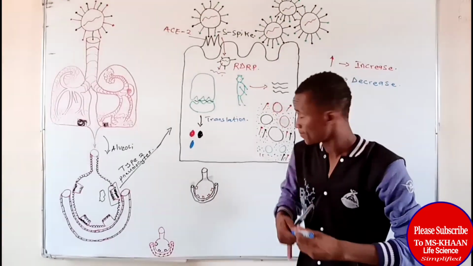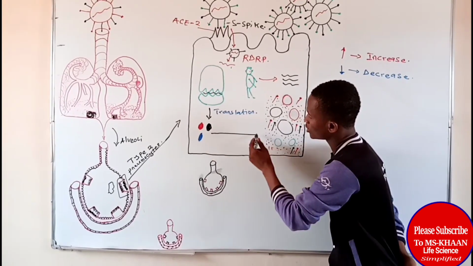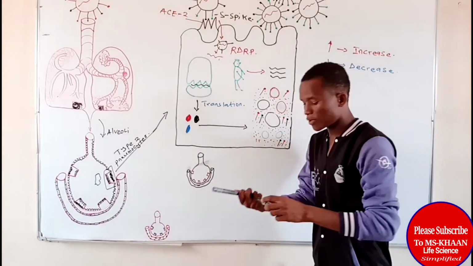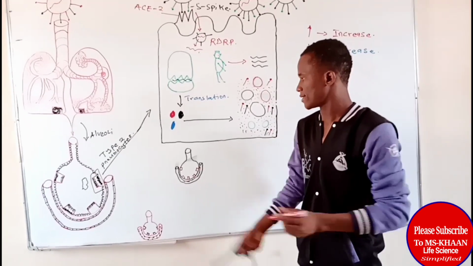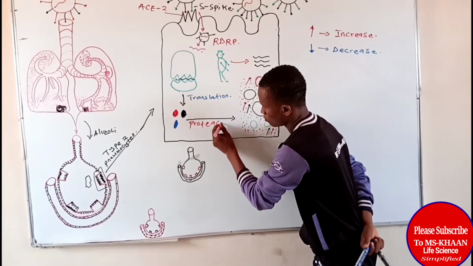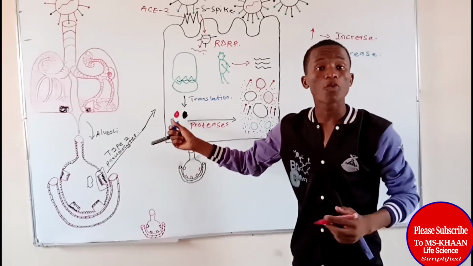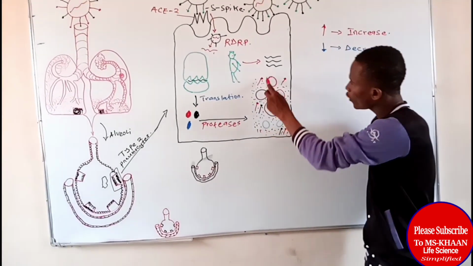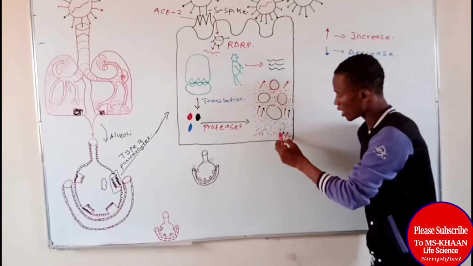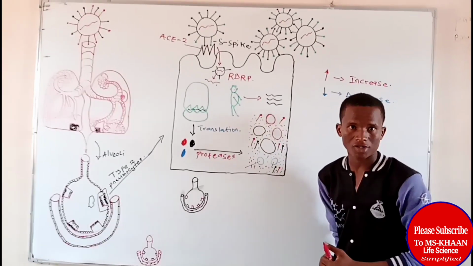What happens next is that these polyproteins formed will be broken down by specific enzymes called proteases. These proteases will break down the polyproteins into all the individual virus components, which comprise the nucleocapsid, the spike proteins, the HE proteins, the enzymes, and all the components of the virus.